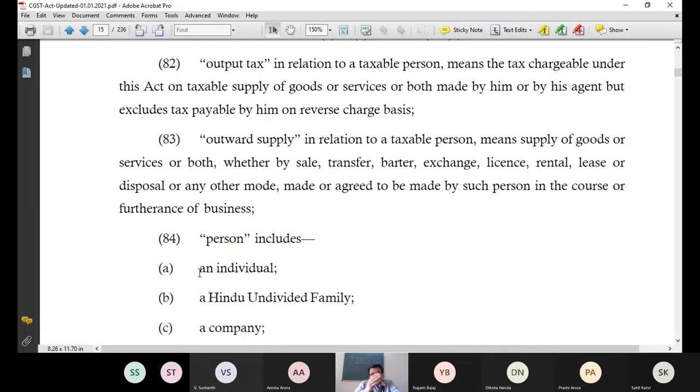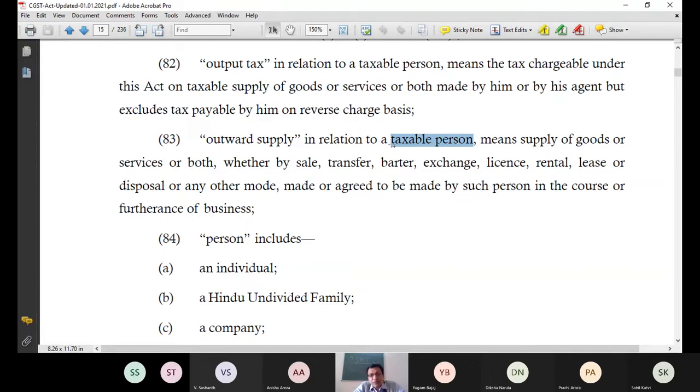As a lecturer, suppose I am selling this laptop. It is not an outward supply for me, because I am a person, but I am not a taxable person. I will tell you later on about this taxable person, but for the time being you must remember this point: I am a person but not a taxable person.